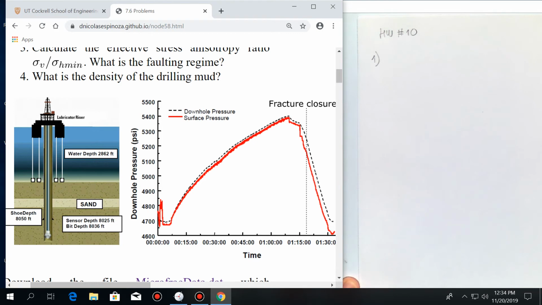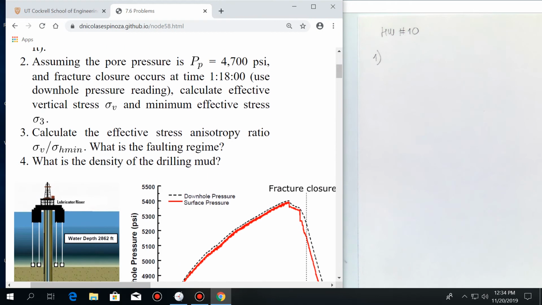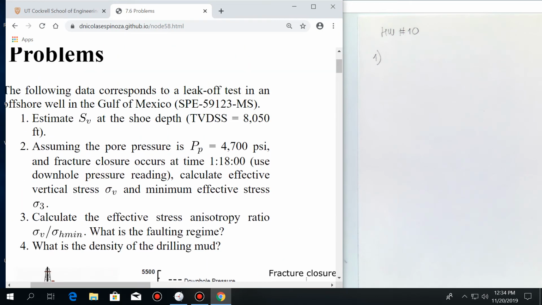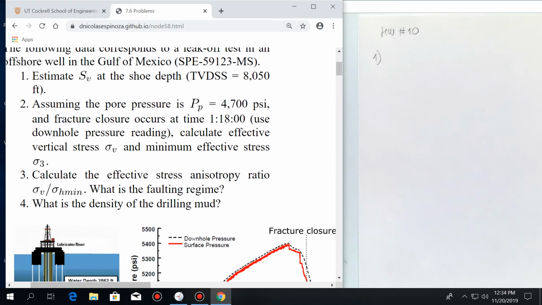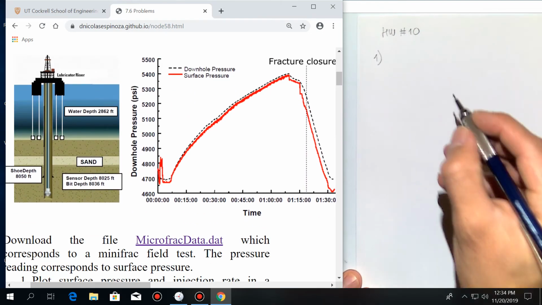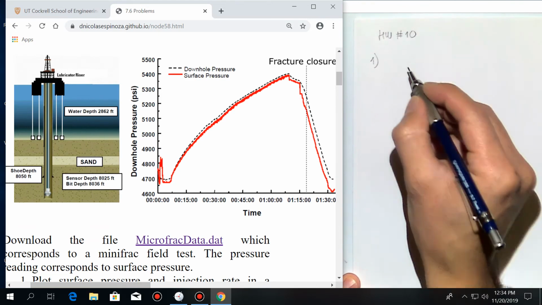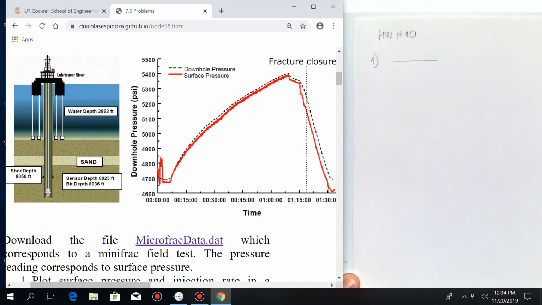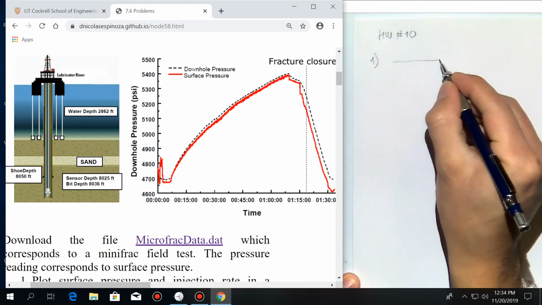All right. The first thing I want you to do is to interpret the figure and to read the figure in order to get to know what were the conditions at this place. And the first thing to do is to calculate what is the total vertical stress. So I hope that you see the same as I do from the figure. We see a case which is offshore.